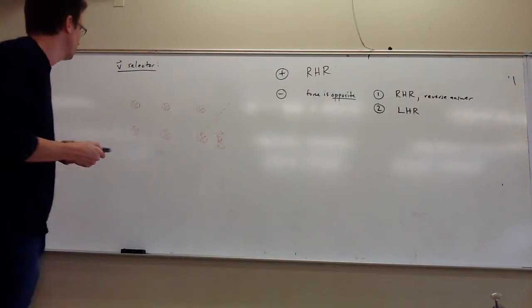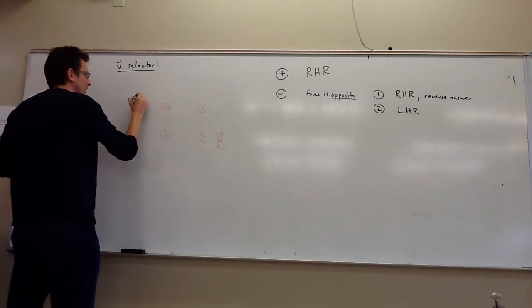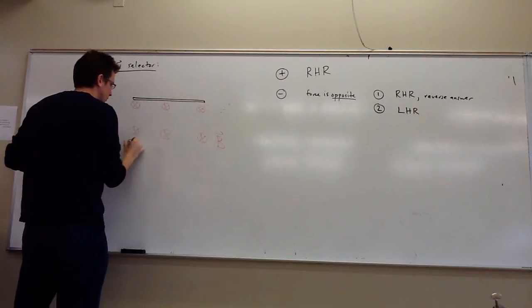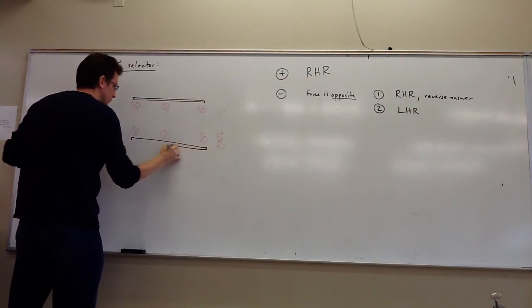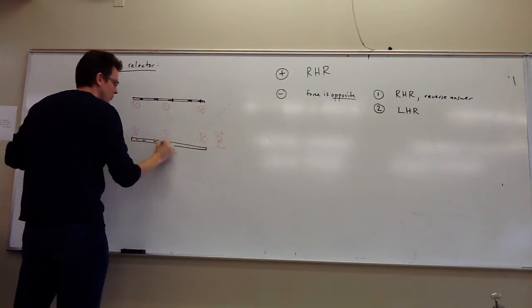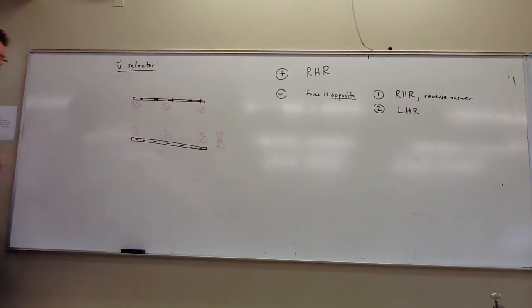And there's also going to be a parallel plate capacitor in the same region with the plus charge on top and the minus charge on the bottom. Now you should be able to look at this and say, which way does the electric field point from this thing?